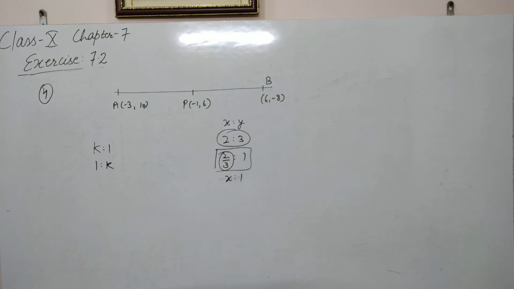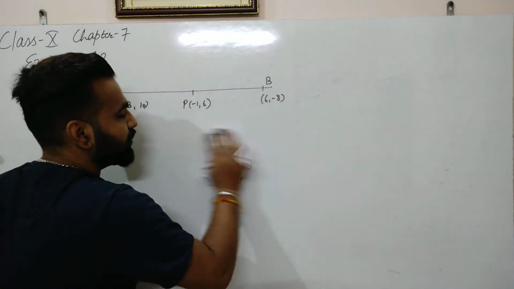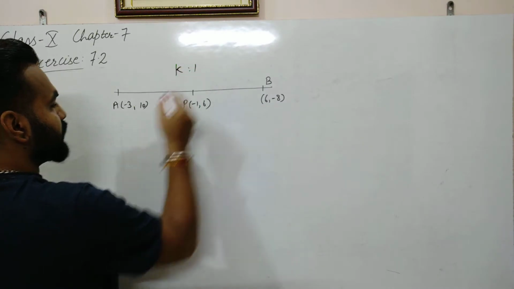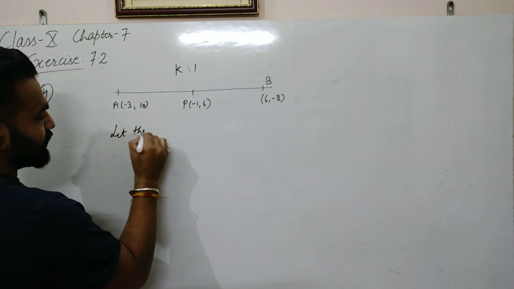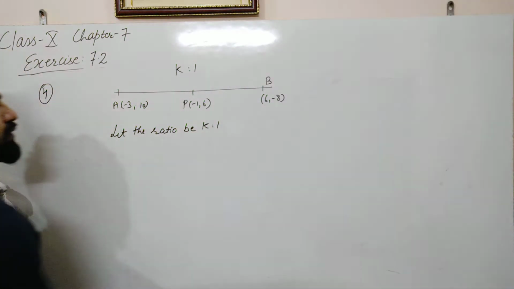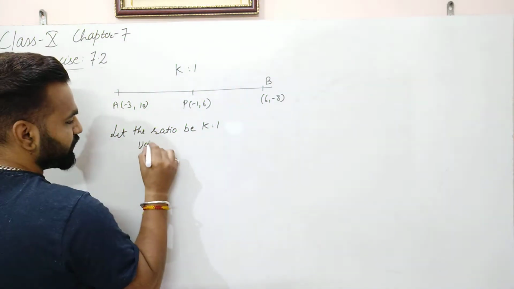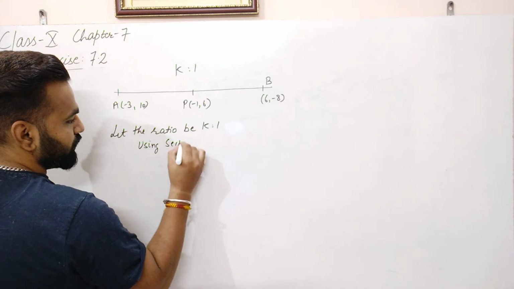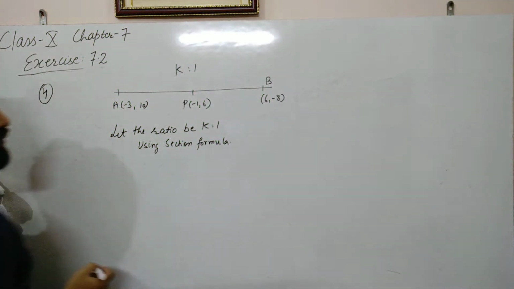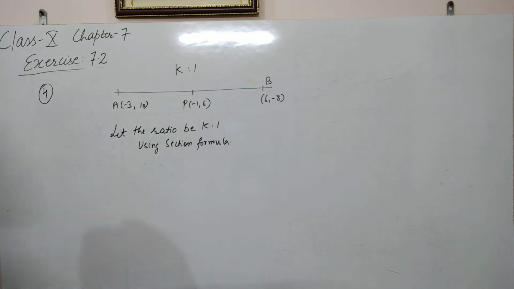So either let it be in the form k/1 or 1/k. So let the ratio be k/1. So now apply section formula.